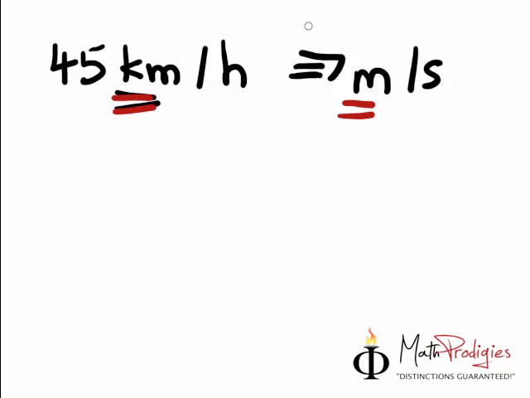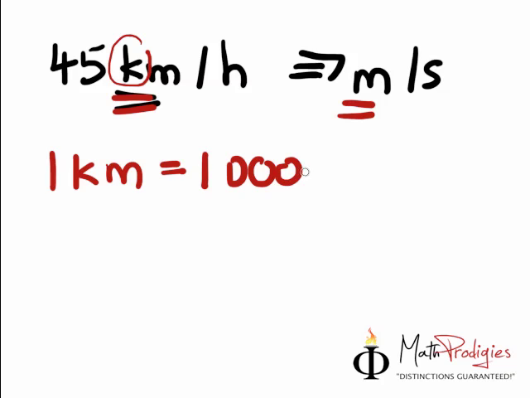That means how many meters make up 1 kilometer. Remember, the keyword here is K. Kilo means 1,000. For example, kilogram means 1,000 grams. Kilometers means 1,000 meters. So 1 kilometer equals what? 1,000 meters. Very easy. Good job.